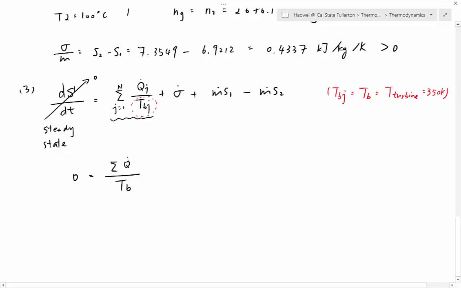Sigma Q dot j. And what is sigma Q dot j? The total heat transfer for the whole system. And then we can just write Q dot. That's it. Q dot is the total heat transfer for the whole system. And then let's copy the second term, sigma dot, and then combine the last two terms, take m dot out of it, so it's S1 minus S2.